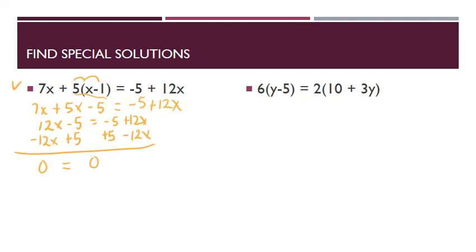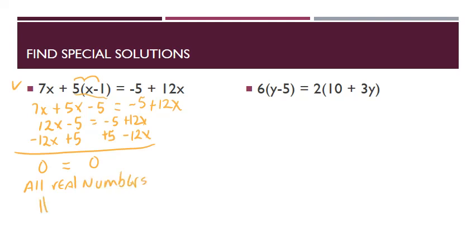Now, my variables have been canceled out. So what does this mean that I have as a solution? Well, it means algebraically that my solution set is all real numbers. Let me rewrite that. All real numbers.